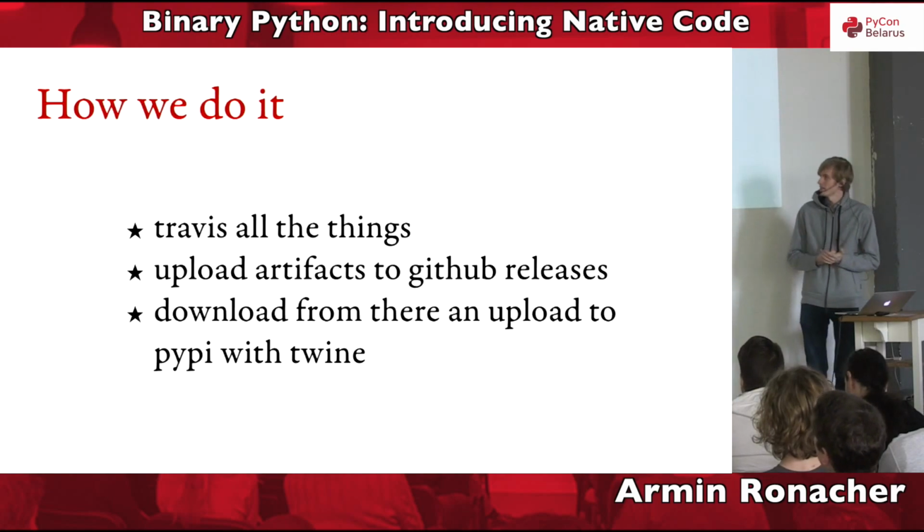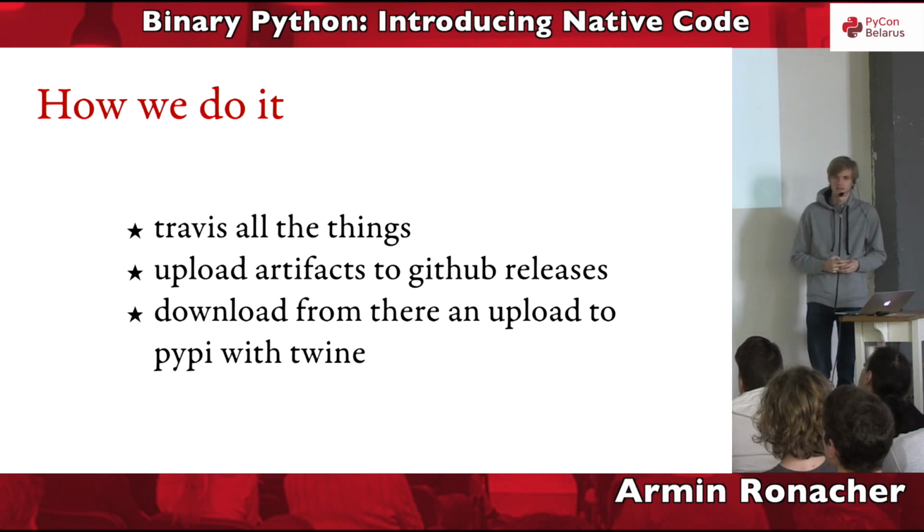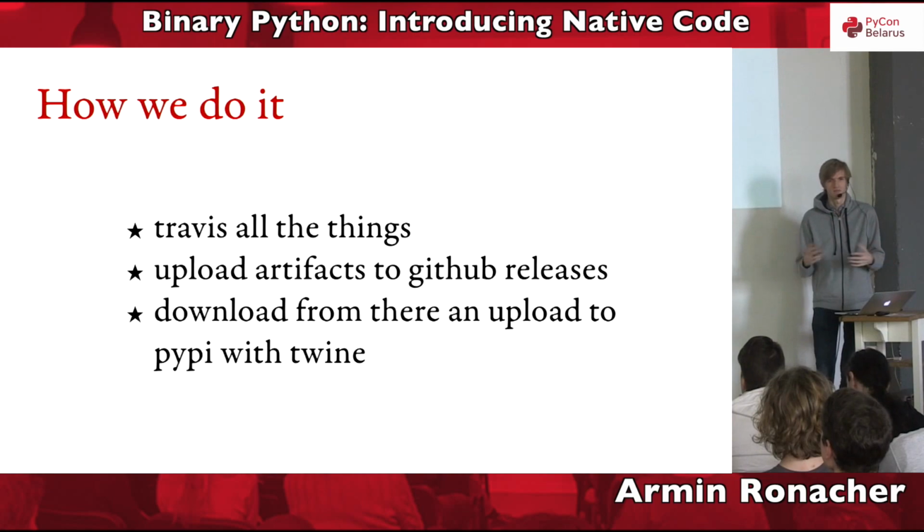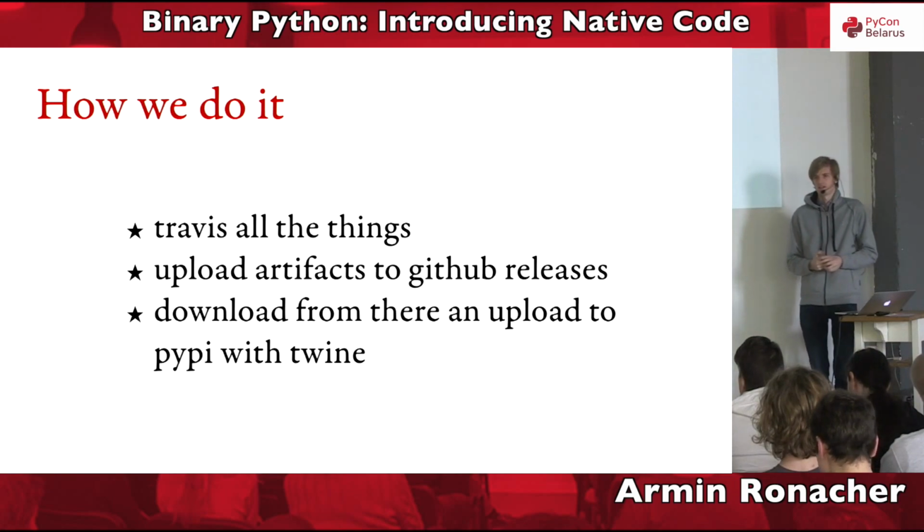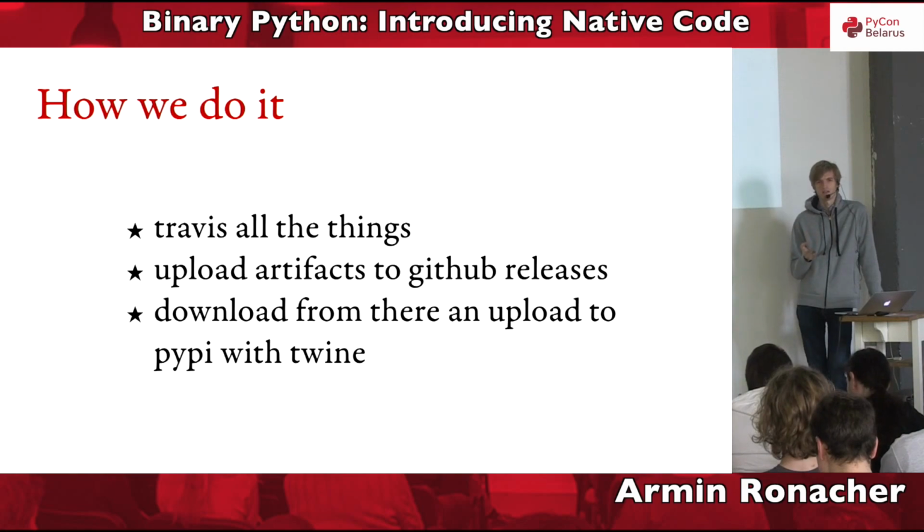So how do we do this then? We actually use Travis to build on OS X and on Linux. So we make sure the Dockerfiles work independently, and then we trigger them off with the Travis YAML. Now the other problem is that theoretically you can directly upload from Travis to PyPI, but the issue is that our builds take a very long time, and then one of the many might fail.